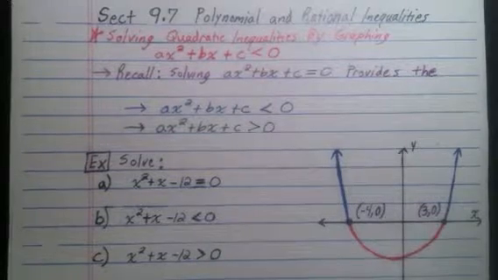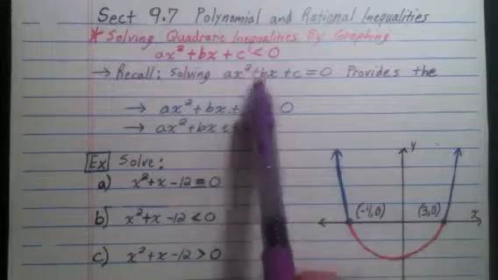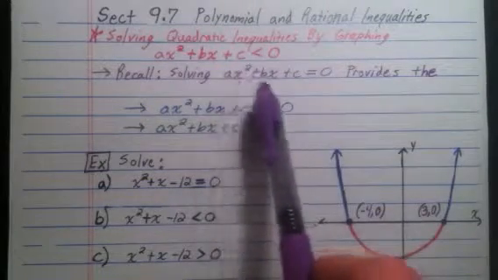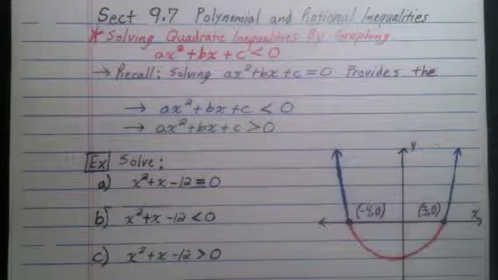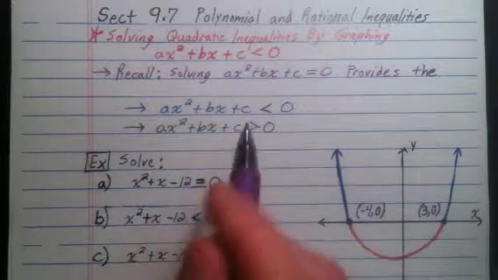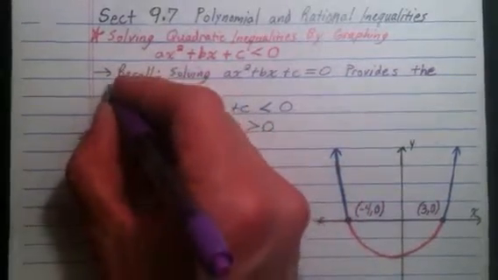So if you recall, if we set a quadratic equal to 0 and find the two x values that make the quadratic equal 0, that actually provides us with the x-intercepts of the parabola if we were to graph it.